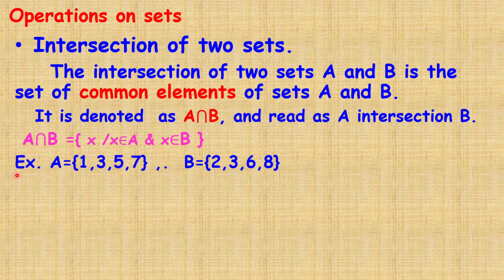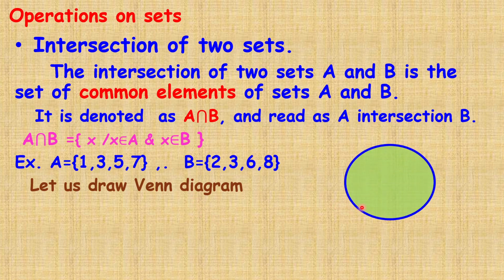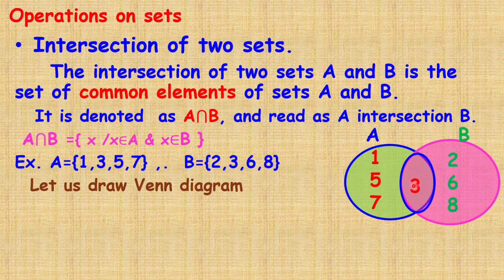For example, set A is given. The elements of set A are 1, 3, 5, 7 and the elements of set B are 2, 3, 6, 8. Let us draw the Venn diagram. Here set A is shown. Elements of set A are 1, 3, 5, 7 and elements of set B are 2, 3, 6, 8.